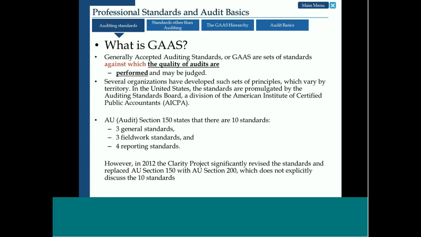However, in 2012, the Clarity project, which is why I say clarified SAS, significantly revised the standards, meaning GAAS, and replaced AU section 150 with AU section 200, which does not explicitly discuss these 10 standards.